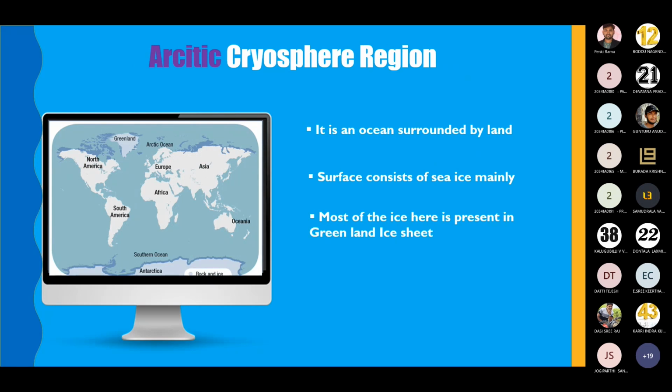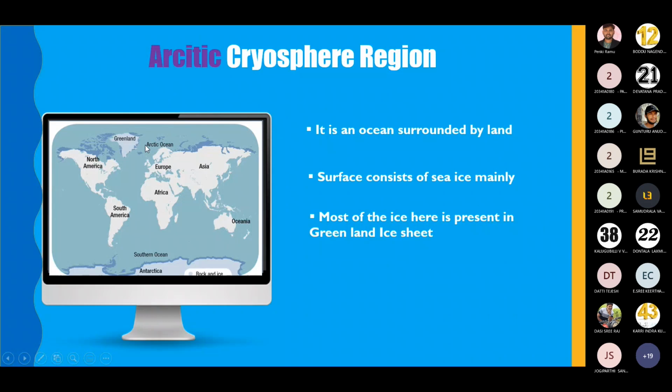It is an ocean surrounded by the land, and surface consists of sea ice mainly. That means frozen sea. Here in the Arctic cryosphere region, water exists in the solid form. That part we are very clear about. But here, that solid ice is made up of ocean, that is sea. So you can see in this picture.